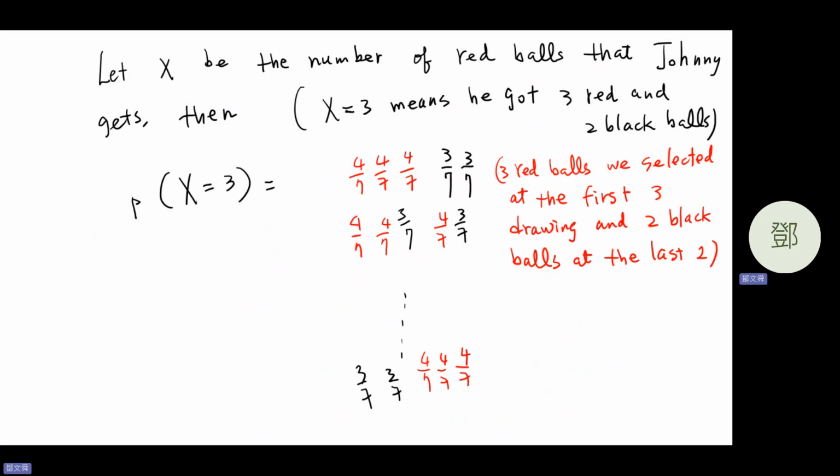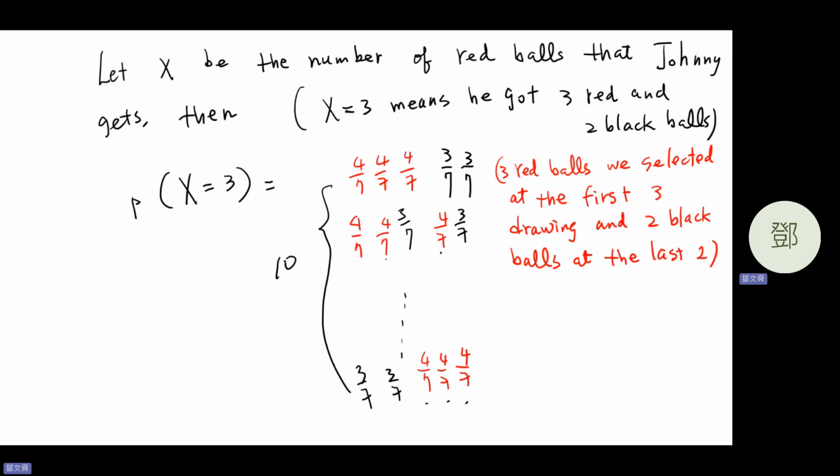There are 10 possible arrangements. 3 red balls were selected at the first 3, or at the first, the second, and the fourth, or the third, the fourth, and the fifth. They are all the same probability.